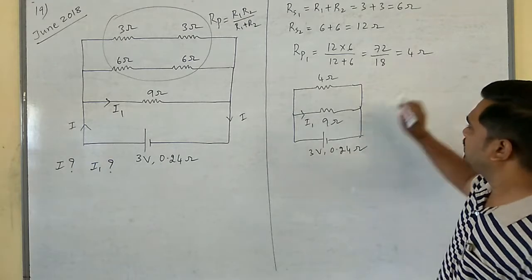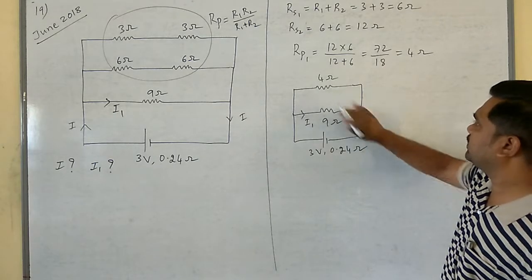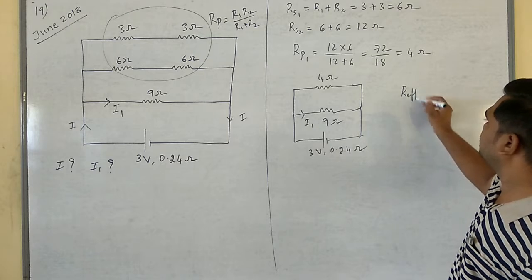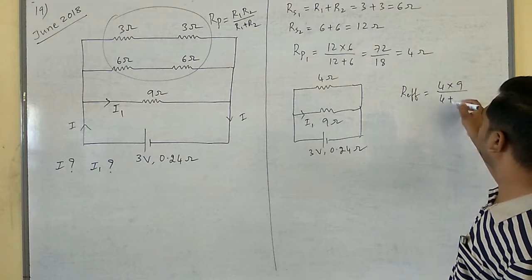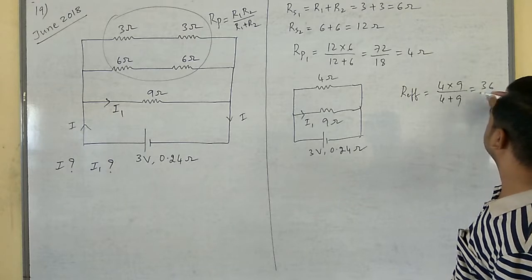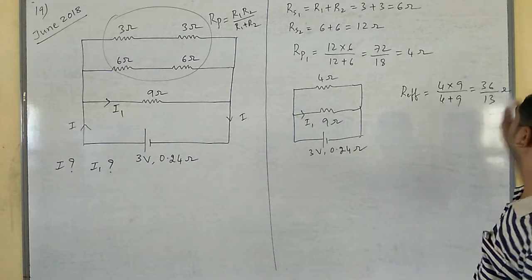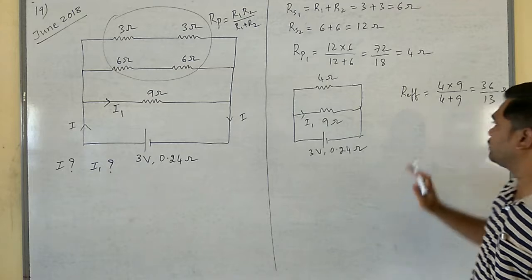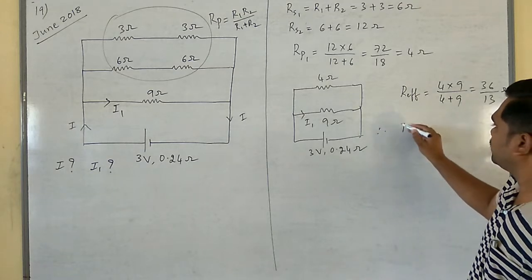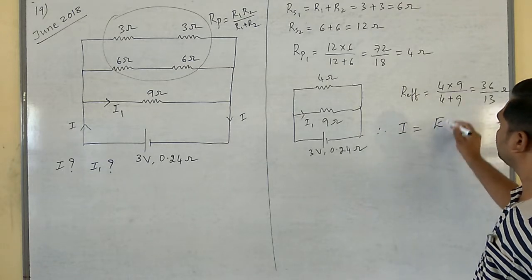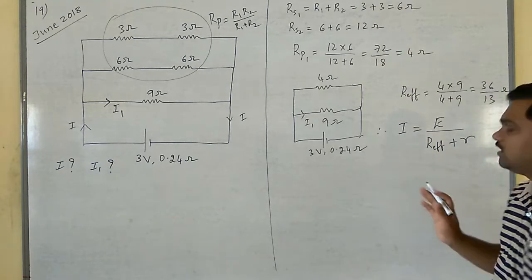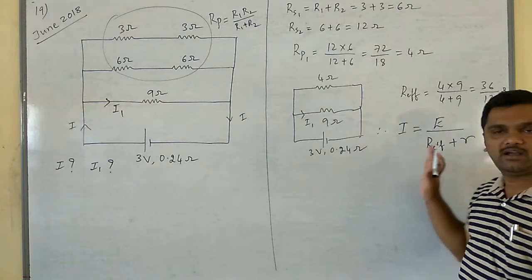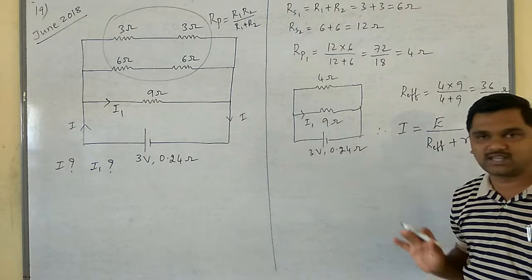Next, main current. To find the main current, we want R effective. Therefore, R effective is equal to 4 into 9 divided by 4 plus 9, 36 divided by 13 ohm. Therefore, using I is equal to E divided by R effective plus small r, you can find out the main current through the circuit.